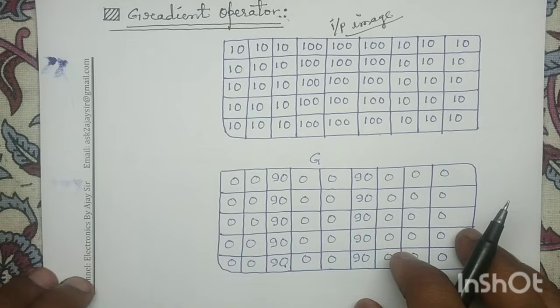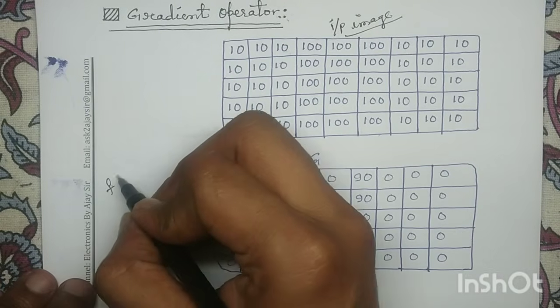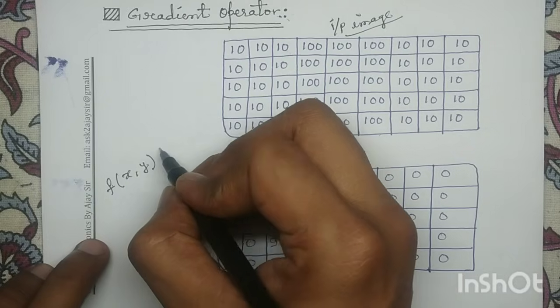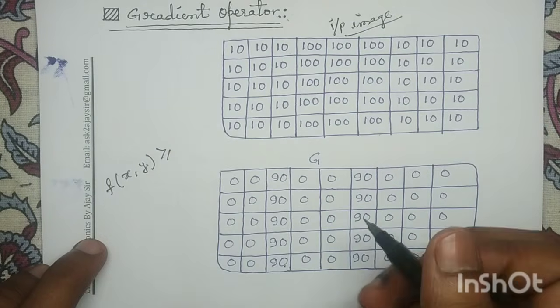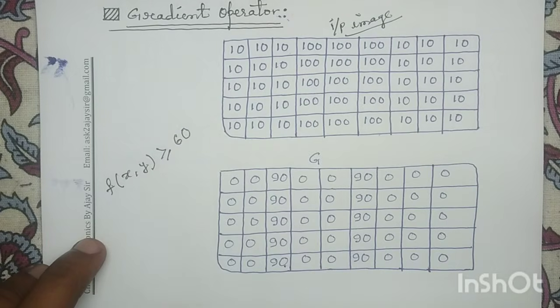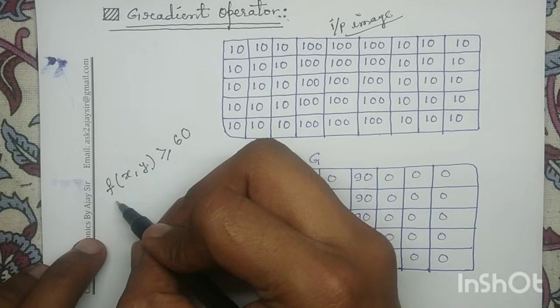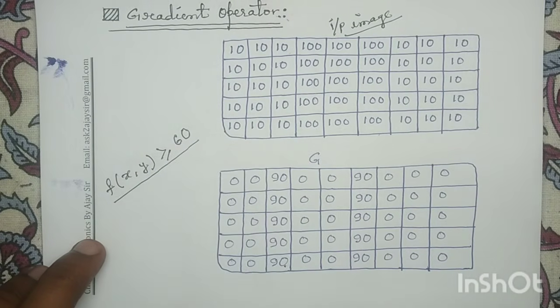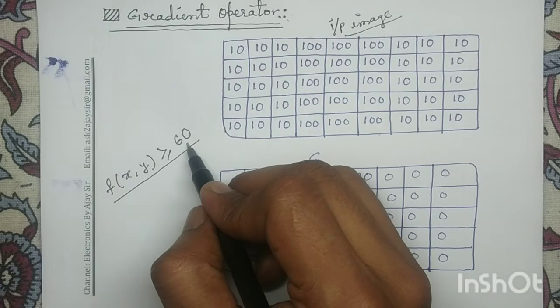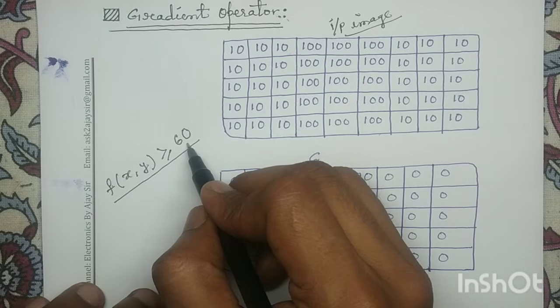So by writing a simple conditional statement, if intensity at location x comma y is greater than or equal to some threshold number, for this example let me consider a threshold number equal to 60. So if the pixel intensity value in the magnitude matrix is greater than or equal to this threshold number 60, we will make a decision that we have detected the edge segment present in this given input image.